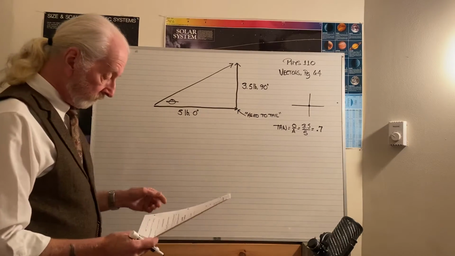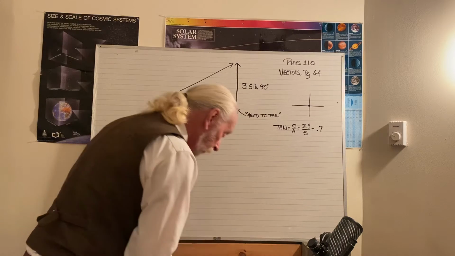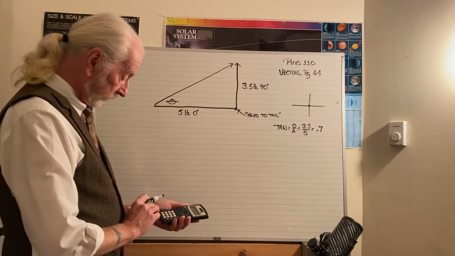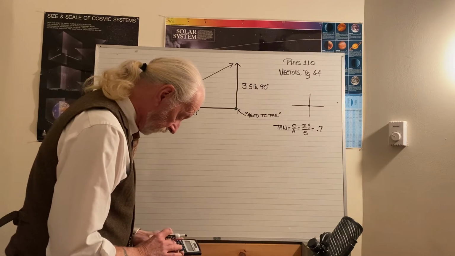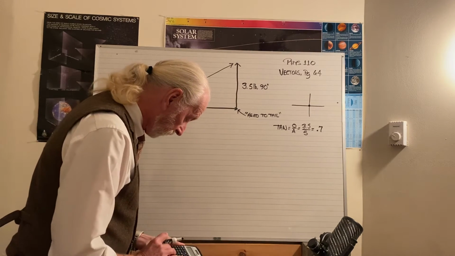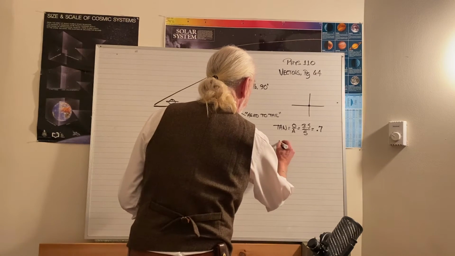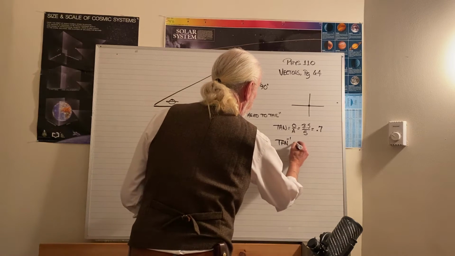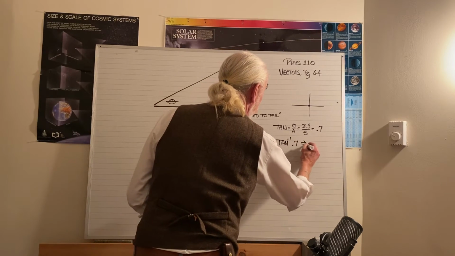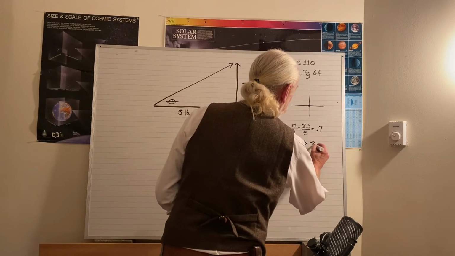So, we'll use the reciprocal function of tangent. And that gives us, rounding to the nearest tenth, 35 degrees.